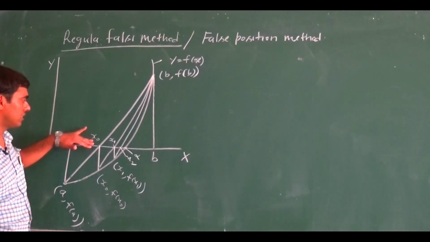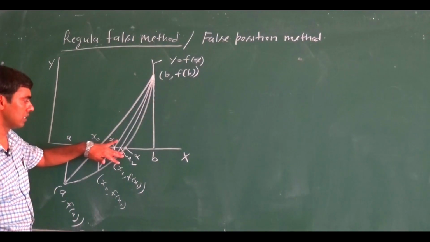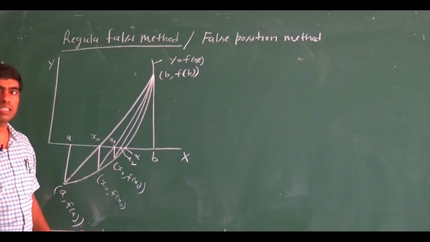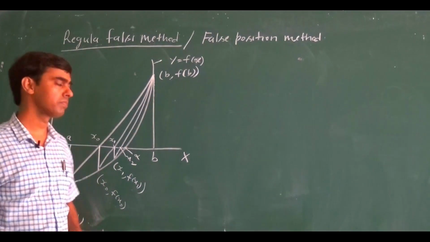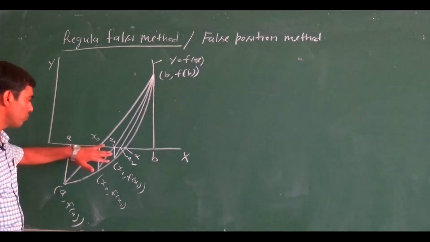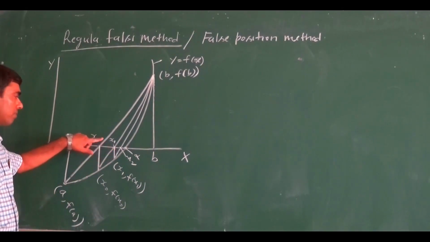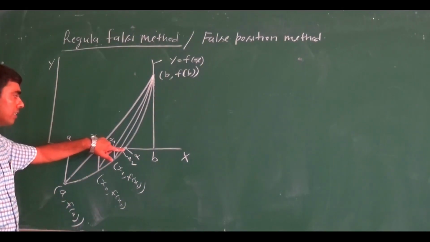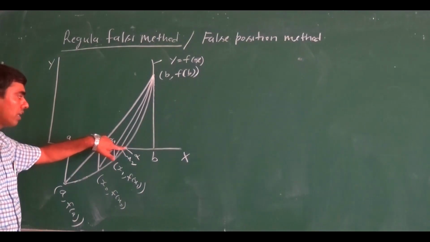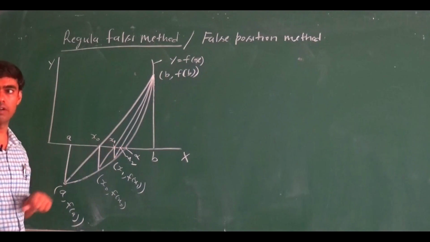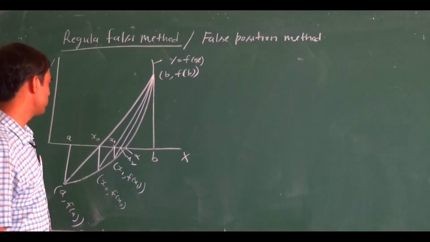Similarly x3, x4, x5. Then we approach our actual root. So after certain iterations, either we are able to find the value of alpha or a point near to alpha.